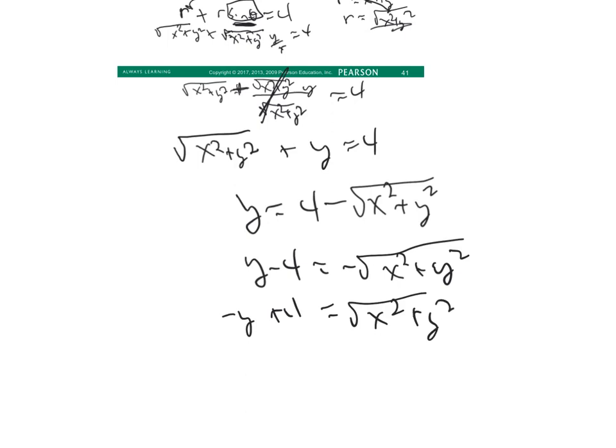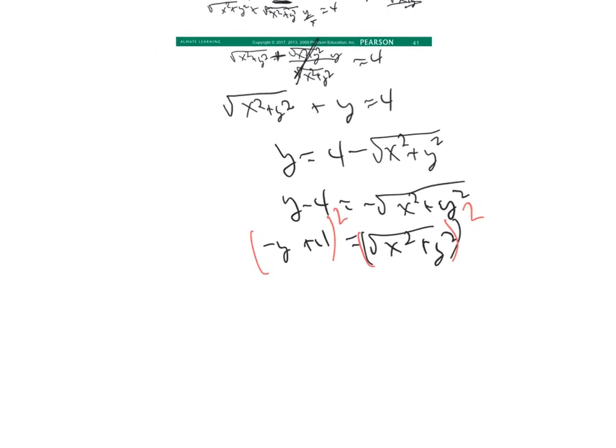Square both sides to get rid of this pesky radical. So now I've got 4 minus y, I just switched it around, squared, equals x squared plus y squared. Now here I go.